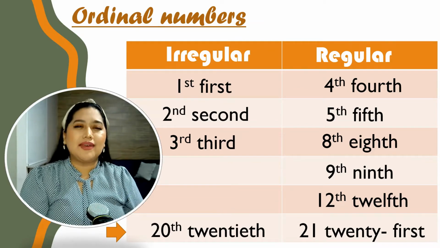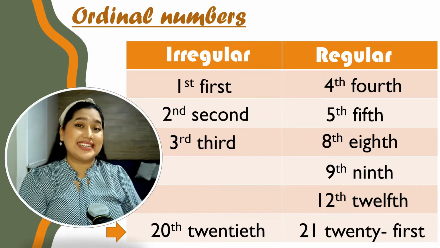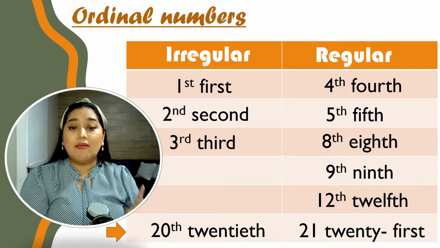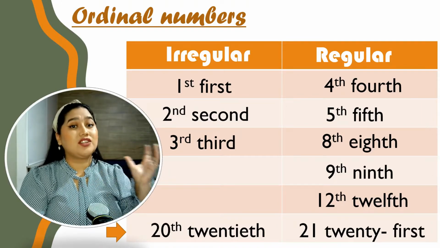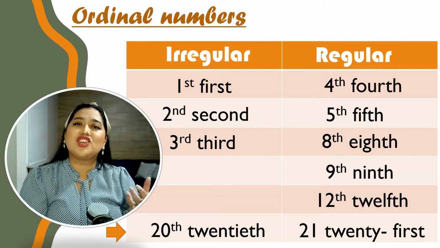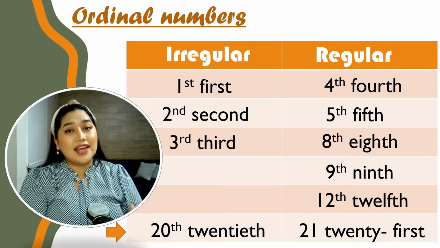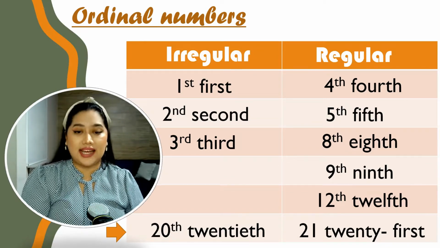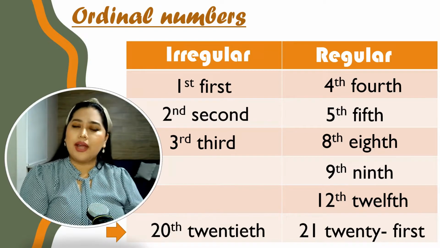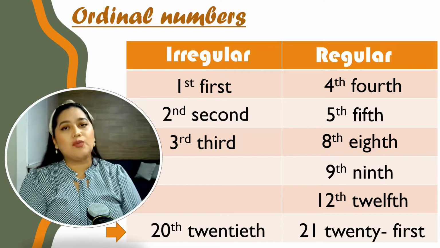Now, look at 20. We have the cardinal number 20, right? But when we change it in order to use the ordinal number, we need to change the y for an i, and then we add e plus th, so 20th. And what happens if we want to use 21 as an ordinal number?